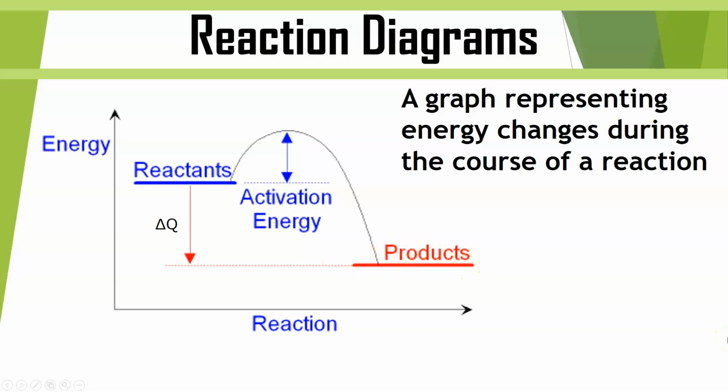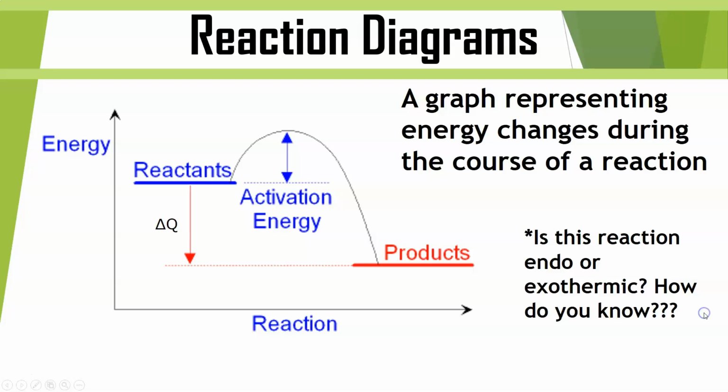When you look at this graph, you can use it to decide, is it endo or exothermic? Well, I'm going to end at a lower energy than I started, which means energy overall was released. And so that means this must have been an exothermic reaction.